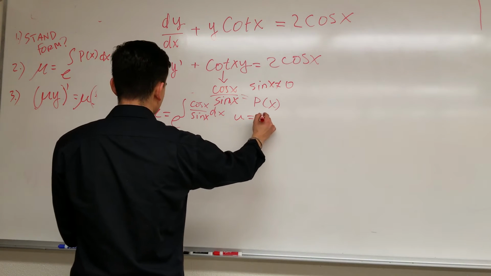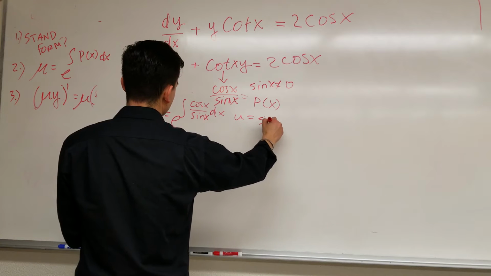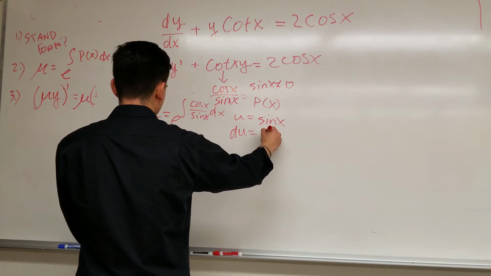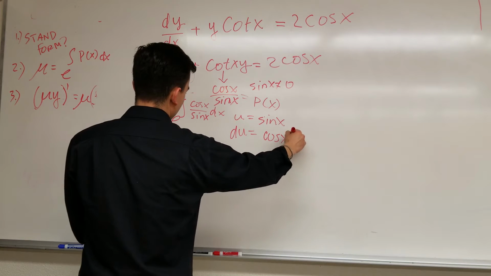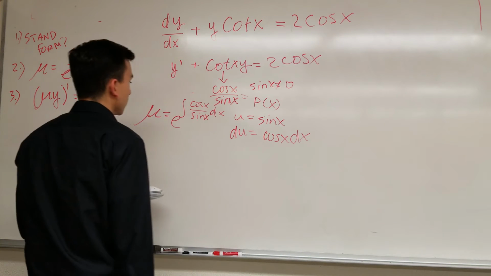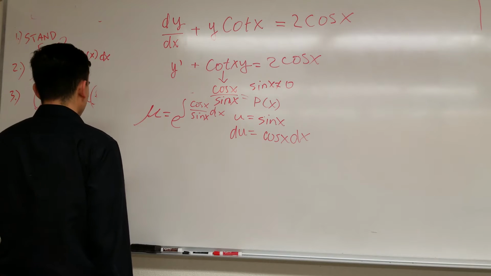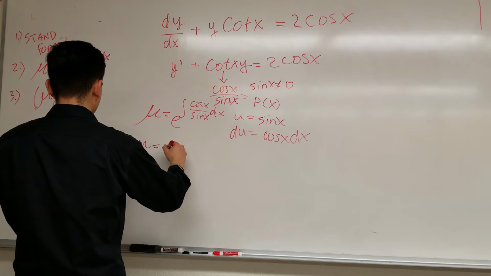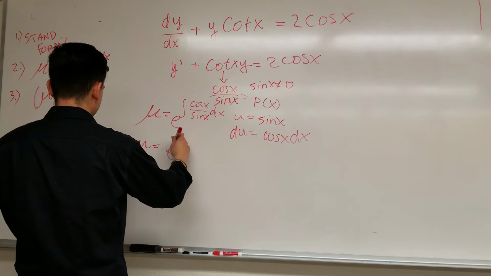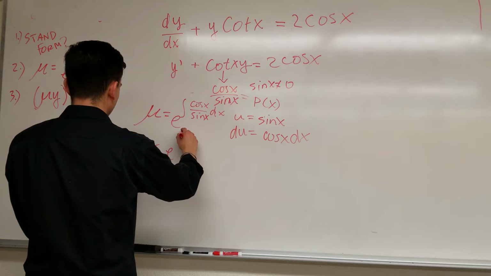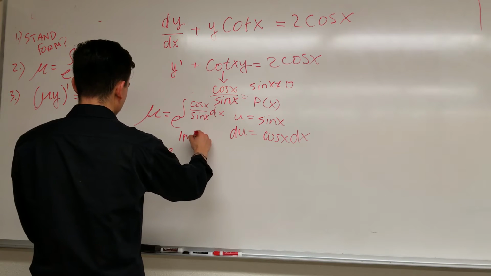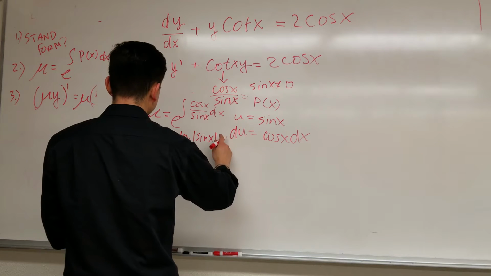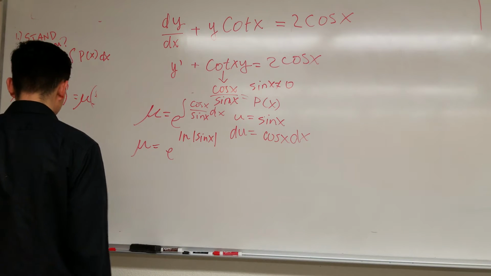We could set u equal to sine of x, and du is going to be cosine of x dx. Okay, great. So now we have mu is equal to e to the natural log of sine x.